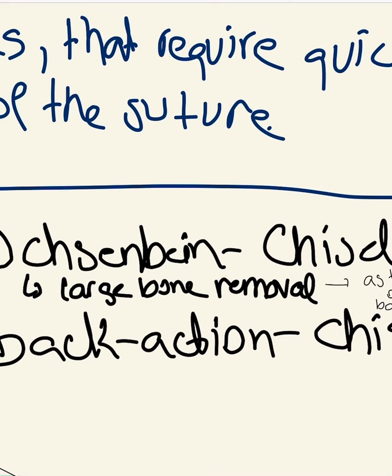The back-action chisel is used for crown lengthening. These are used if we have permitted access.